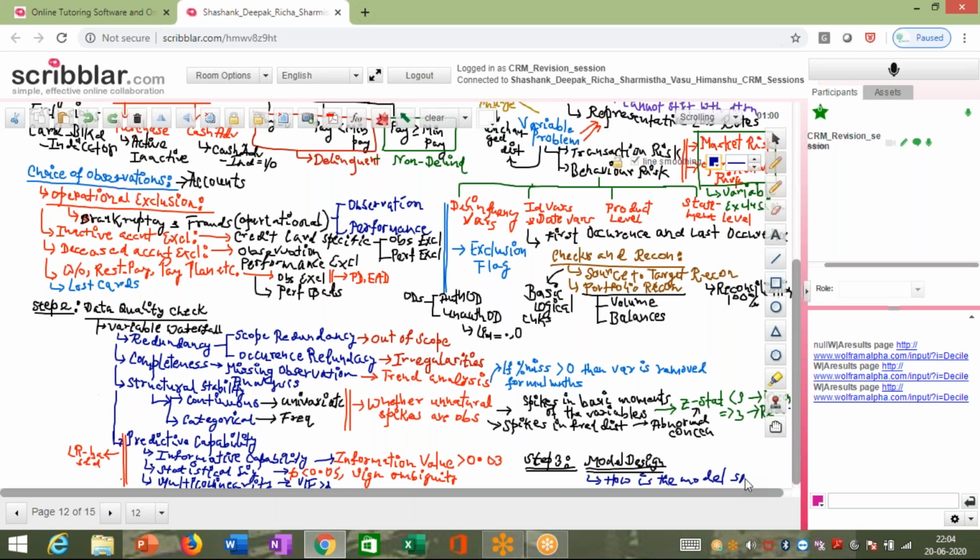Now, if the seasonality in delinquency is not captured, then the data that I would prepare for my development would not be representative data. So what I need to do is capture that particular seasonality. How do I capture it?